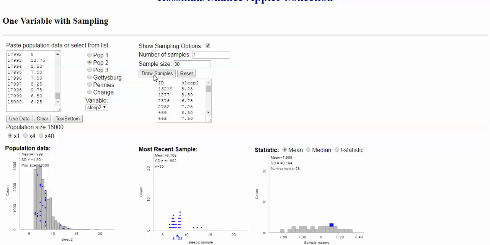So now the sample means are going to follow a normal distribution, even though the population that the samples are coming from is skewed. That's the last point that the central limit theorem makes.